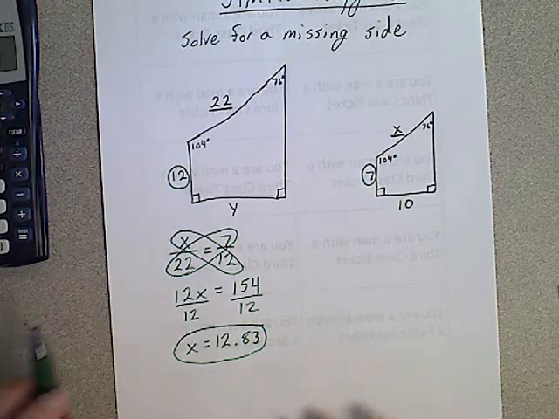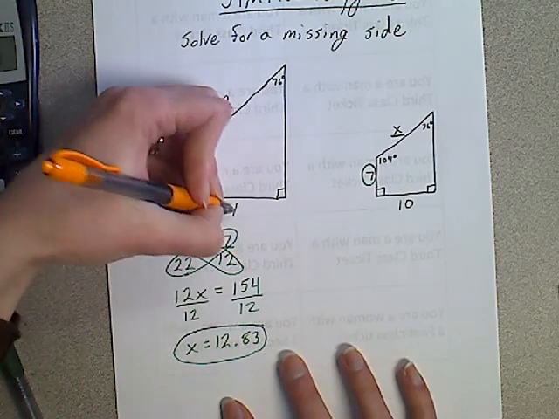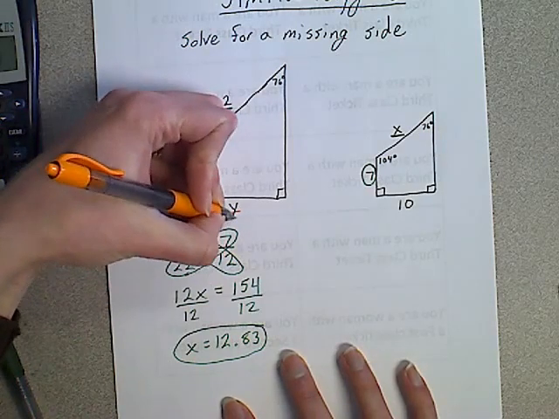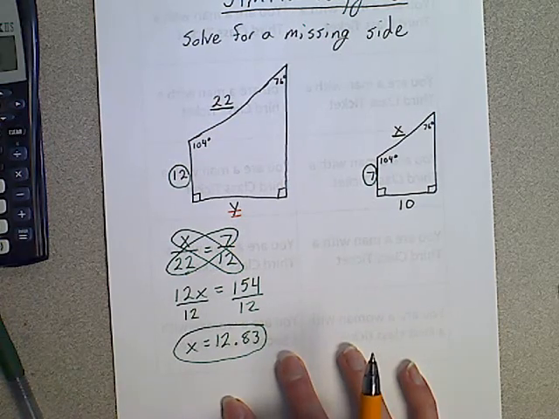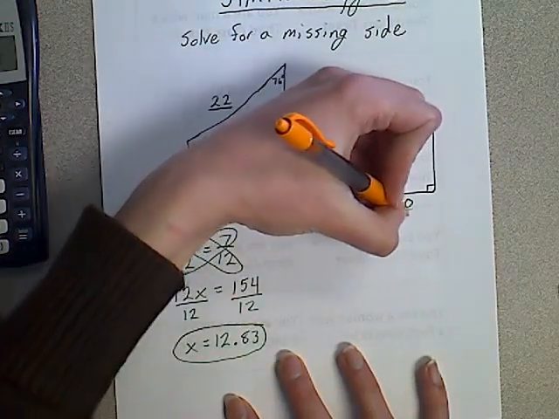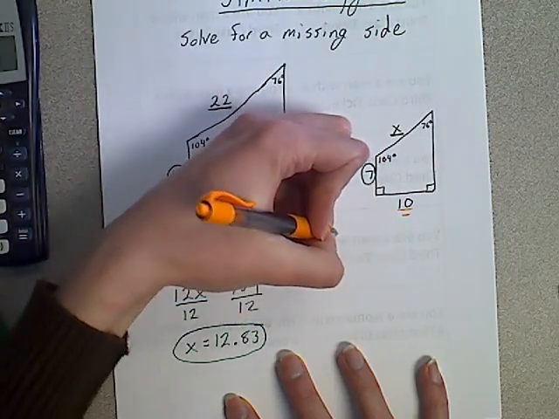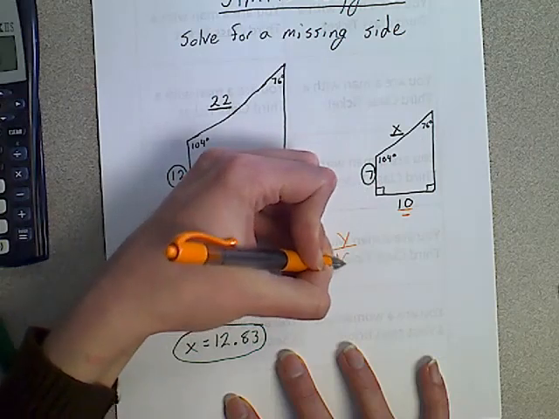Now for this problem, we also have a y. To solve for y, we'll create a new proportion. The y matches up with the 10, so in this case we'll have y over 10.